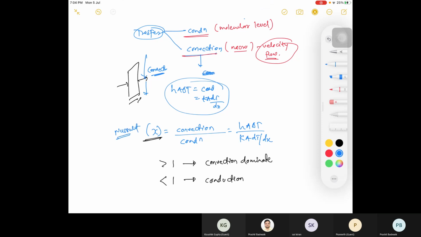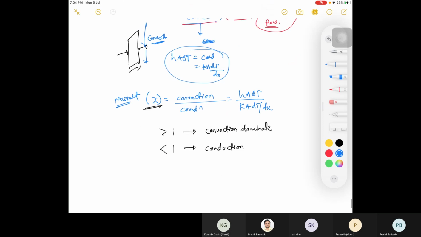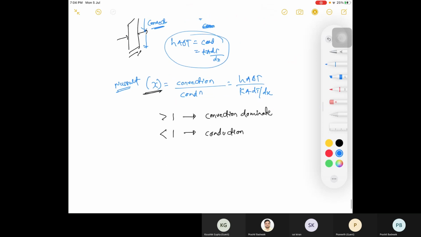Similar to this Nusselt number, you will have some numbers in momentum transfer and in mass transfer. Right? Similar kinds of numbers will be there. So this is your Nusselt number for heat transfer. So you write Nusselt number for heat transfer. And there will be a Nusselt-like number for mass transfer, right? A similar number.